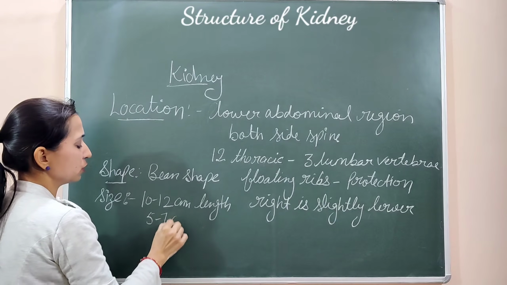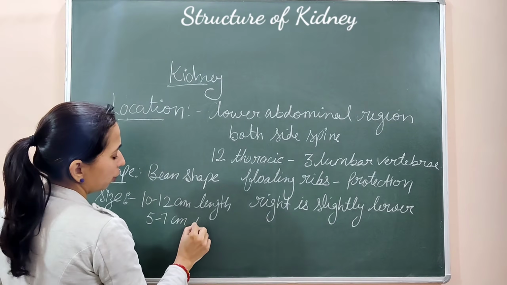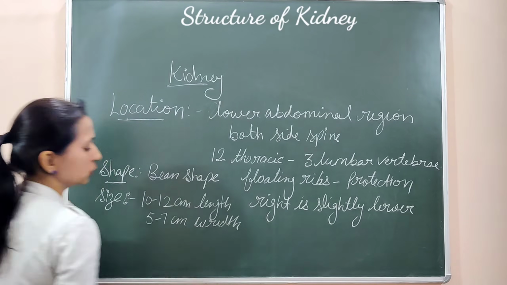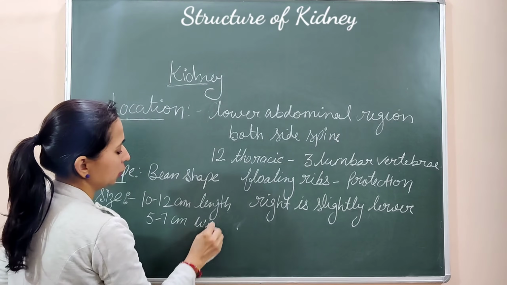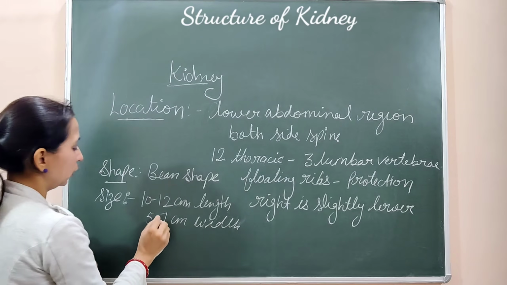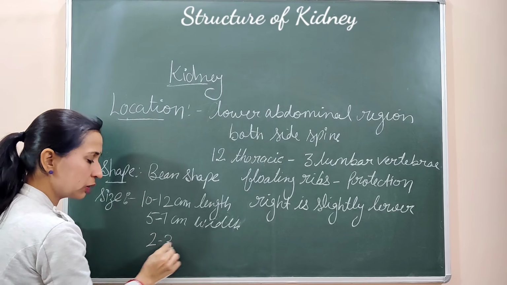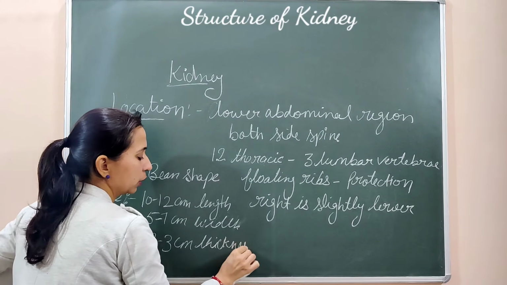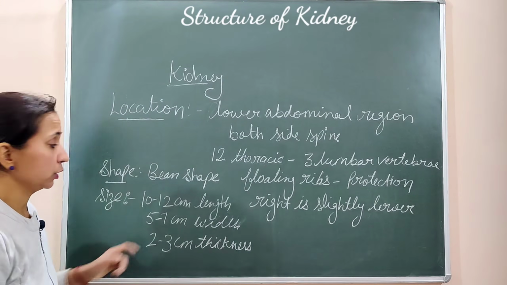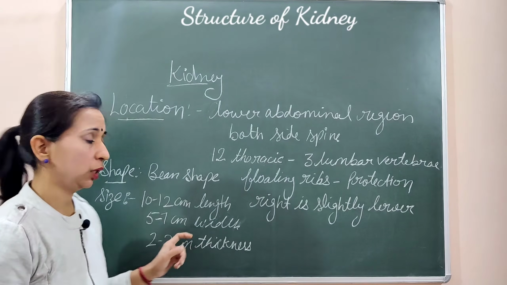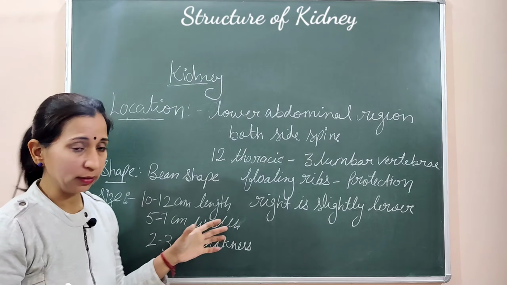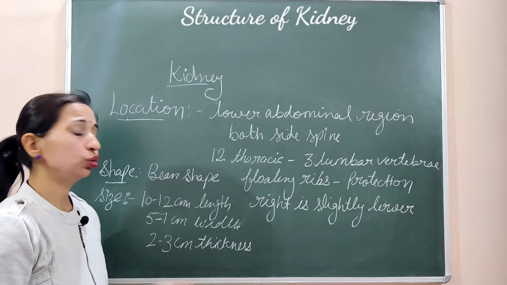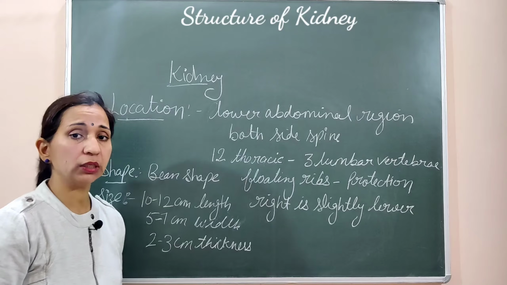Then 5 to 7 centimeter is the width of the kidney, and then we can write that 2 to 3 centimeter is the thickness of the kidney. So this is the measurement of the kidney. It's 10 to 12 centimeter length, 5 to 7 centimeter तक की width है, जबकि 2 to 3 centimeter तक की thickness present है किडनी के अंदर.